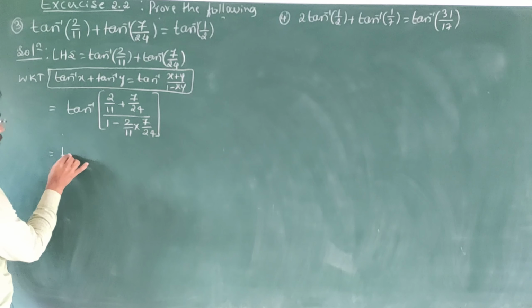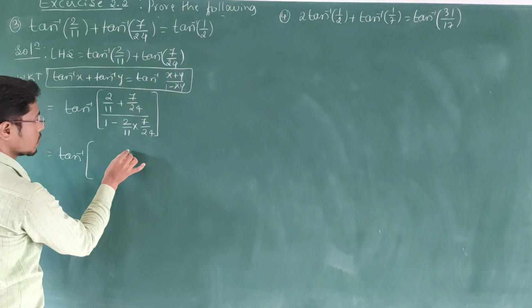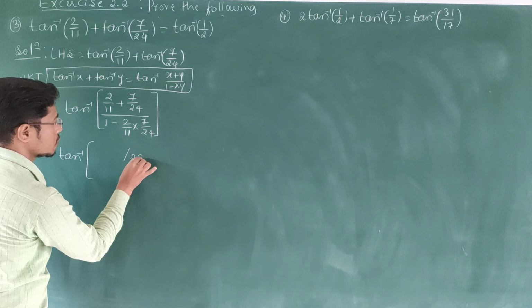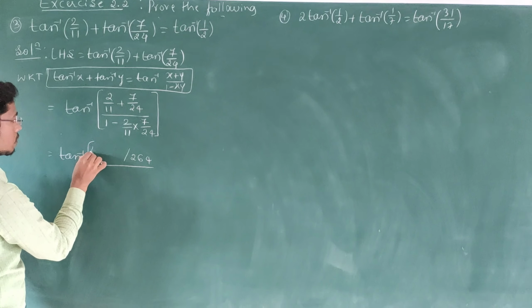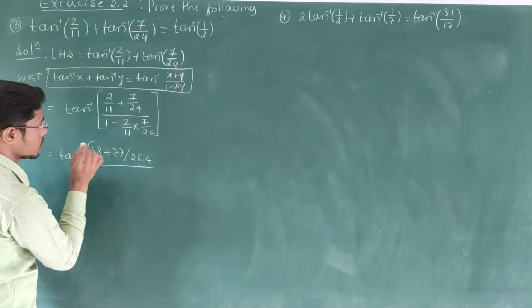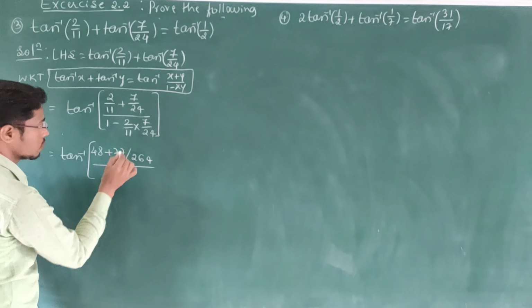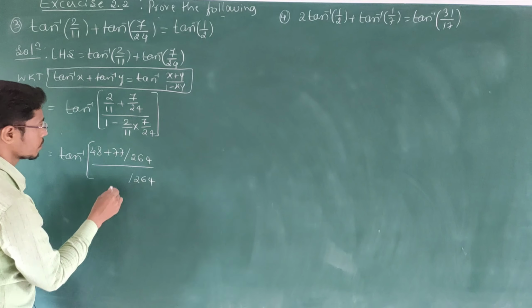Tan inverse of, the LCM of 11 and 24 is 264. Then 24 into 2 is 48, 11 into 7 is 77. Next, 11 into 24 is here also 264.